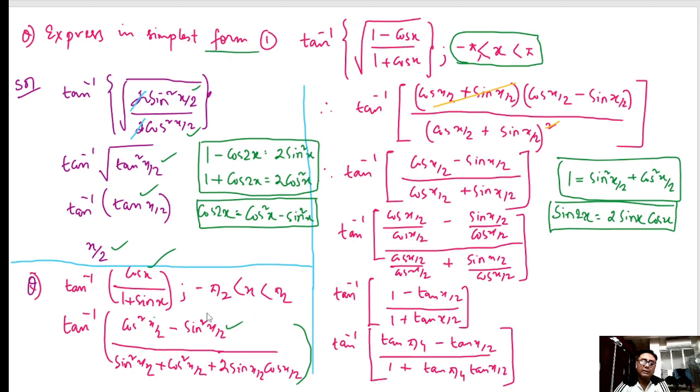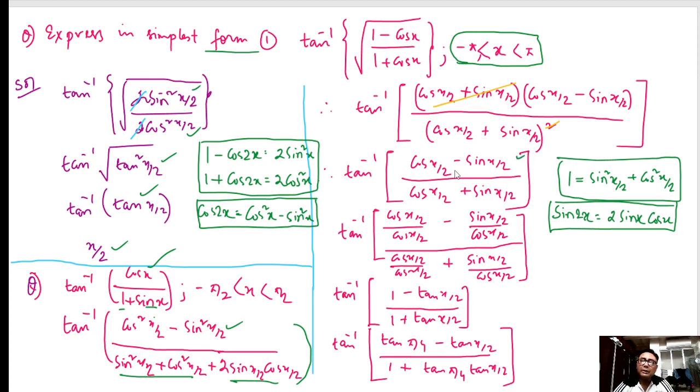In place of sine x I have written 2 sine x by 2 cos x by 2, and in place of 1 I have written sine square x by 2 plus cos square x by 2. Now the upper one is the a square minus b square formula, so it is a plus b into a minus b, and the lower one is the formula of a plus b whole square. So cutting this, we are getting this.